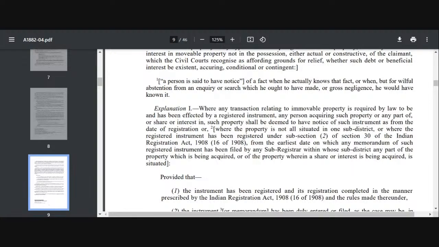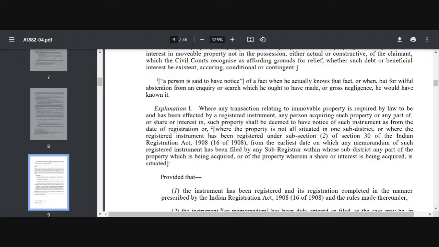Okay, an actionable claim is either an unsecured money debt, meaning there is no security kept with the creditor, right? So that is an unsecured money debt, and this debt can be existing, can be accruing, can be conditional. And what is the second claim? It will be a claim to beneficial interest in movable property which is not in possession of the claimant, right?